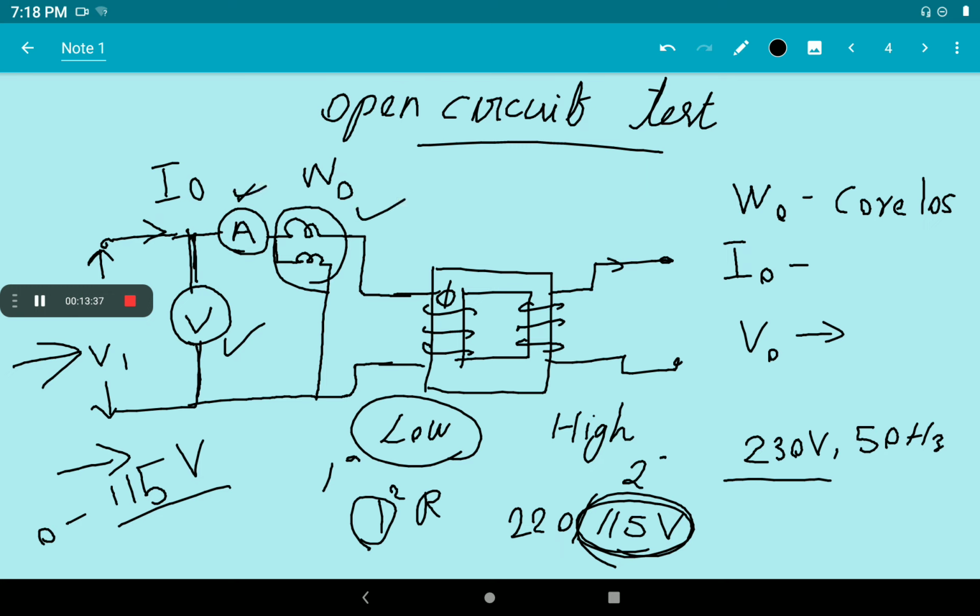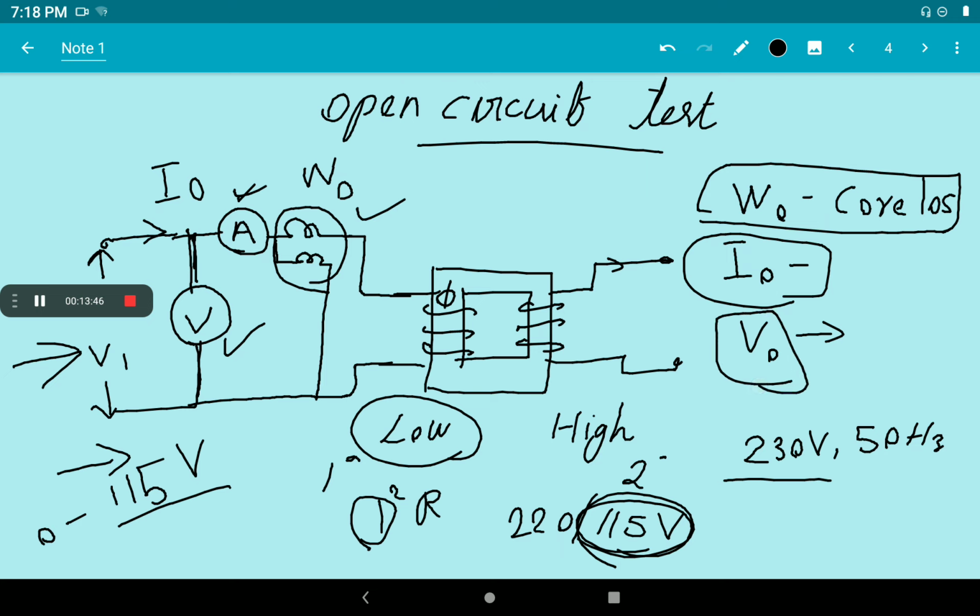The wattmeter will give the core loss, the ammeter gives the no load current, and the voltmeter shows the rated voltage applied. So from the open circuit test you can determine the iron loss and no load current.